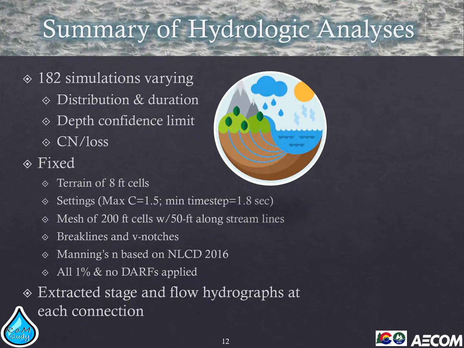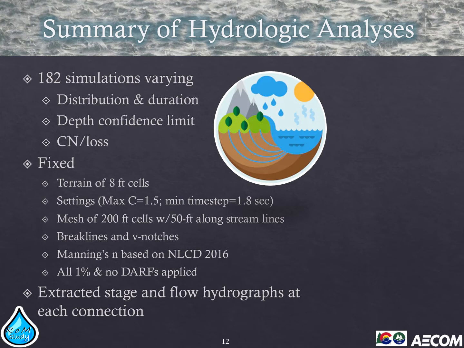This slide summarizes the hydrologic analyses that were done and the variations therein. So there's 182 different simulations that were applied to that larger model that we looked at, the one that had the 47 connections across 85 square miles. With those different simulations, we applied different hydrology, or different precipitation curves, and we would vary the distribution and the duration.